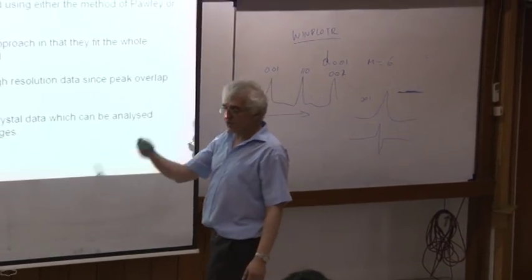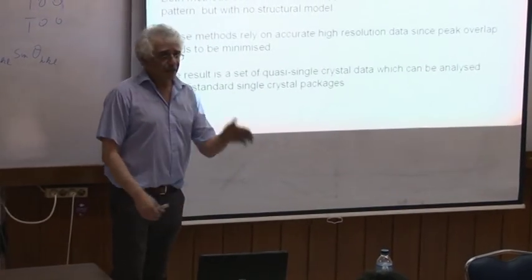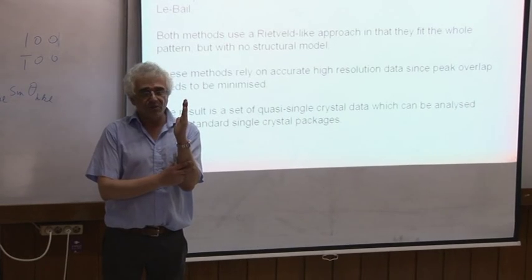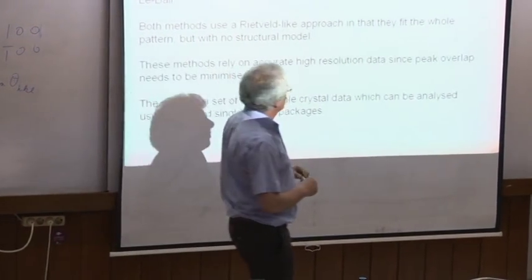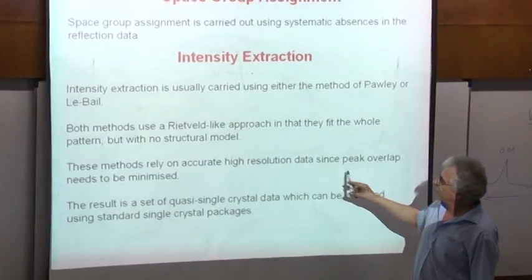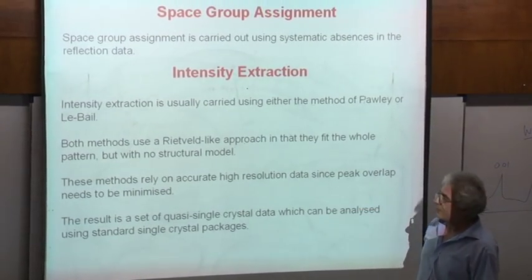So you have no model of the structure, and all it says is, I must have a peak here because this is my unit cell and this is my symmetry. How intense is it? And that's what it tries to do. So they rely on high resolution data since peak overlap needs to be minimized.